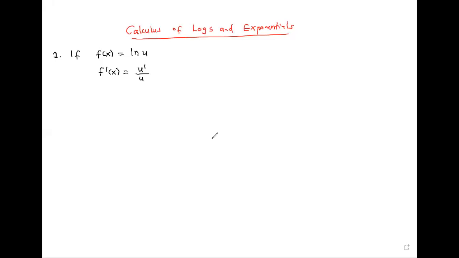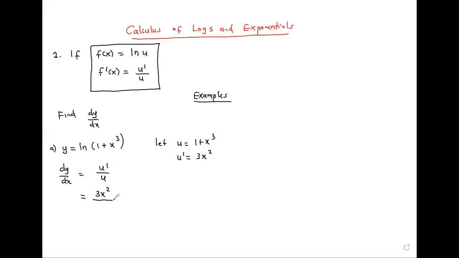Well understood. Now with this, we can have examples explaining this one. Find dy dx, y is equal to ln of 1 plus x to the power 3.